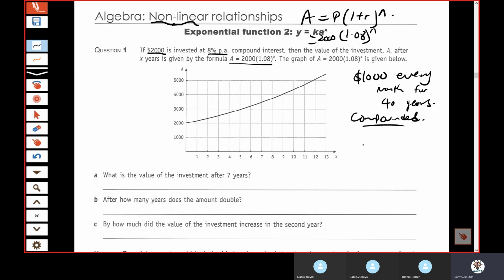Every month compounded, 8% divided by 12 plus 1. 1,000 times 1 plus 8% over 12, 180.